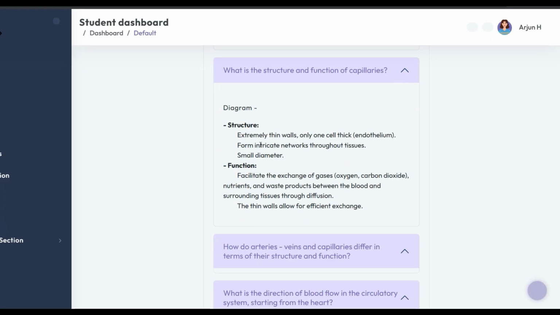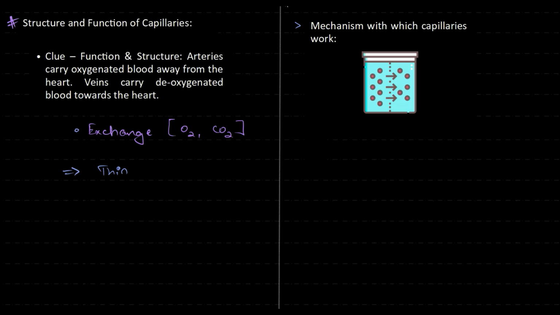Finally, we have capillary, extremely thin walls, only one cell thick, right? Forms an intricate, complex network throughout the tissue, and they are of course smaller in diameter. Function is to facilitate exchange of gases, nutrients, and waste between the blood and the surrounding tissue through diffusion. So I think I missed out.